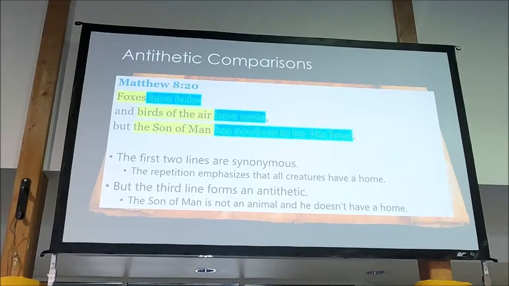Back to Proverbs. Proverbs 29, verse 18. Where there's no vision, the people are unrestrained, but happy is he who keeps the law. Okay.